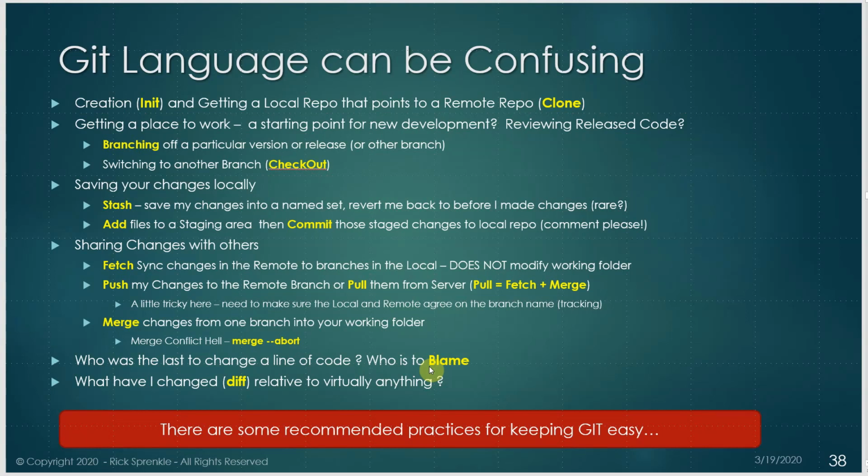The last command I was just going to go over was the diff command, and that can be used to diff virtually anything. And again, you're typically diffing off your local repositories, so you want to make sure you've fetched everything from the remote, and the diff command will work off that to compare files in your working folder to anything, or you can diff branch to branch, or tags within a branch to other tags within a branch, or specific commits.